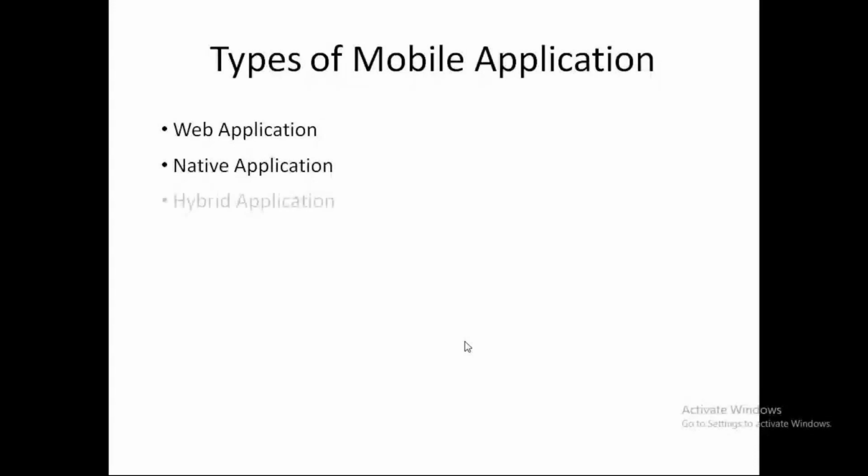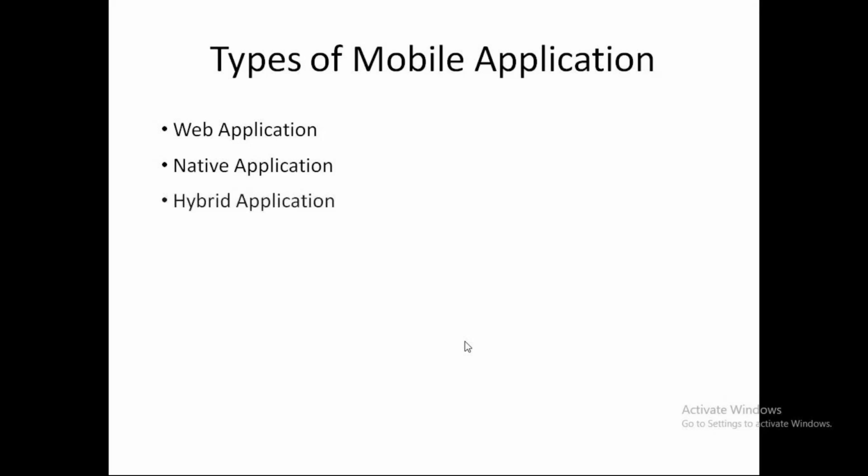The next form of mobile application is the hybrid application. As the name suggests, it is a mix of web and native, which we are going to see later in detail. So three types of mobile applications: web, native, hybrid.